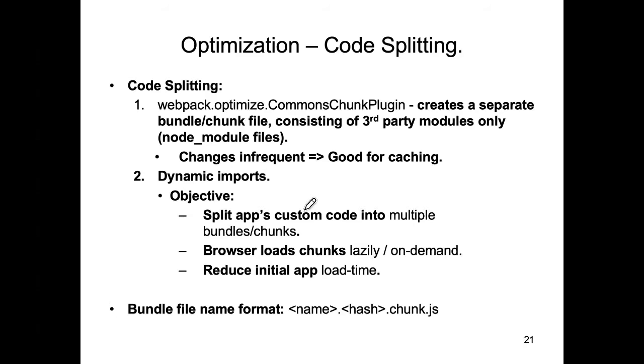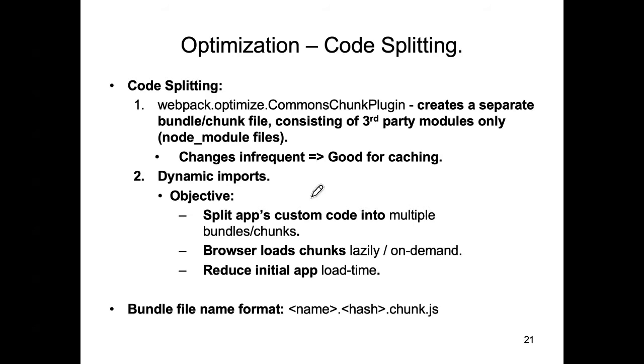If you don't do any dynamic imports, all of your custom JavaScript code will be contained in one bundle, and that one bundle will have to be downloaded from the server to the browser at application load time, even though there may only be a small part of that bundle that's actually required to render the home page.